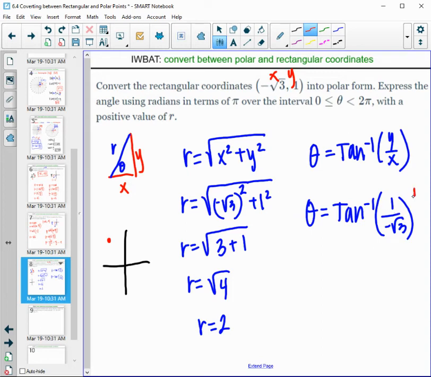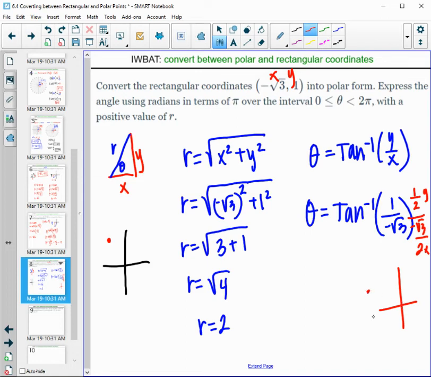The top would have to have been 1/2 and the bottom would have been negative root 3 over 2. So you want to think of when the y coordinate is 1/2 and the x is root 3 over 2 in this second quadrant. So your x is negative root 3 over 2, your y is 1/2.